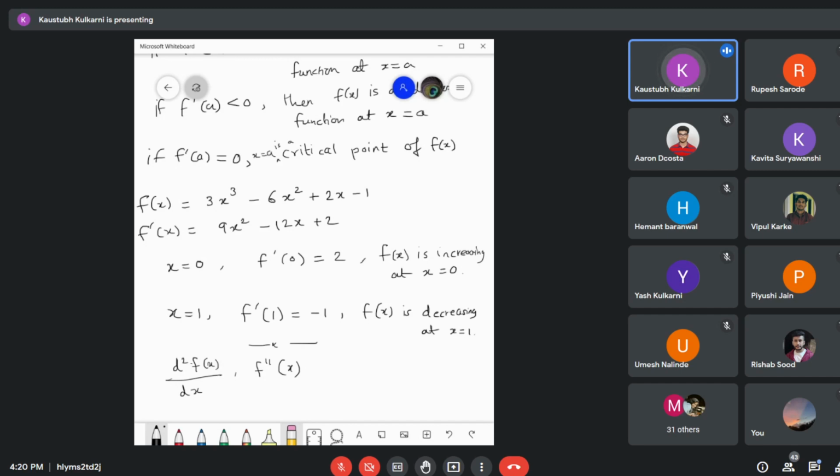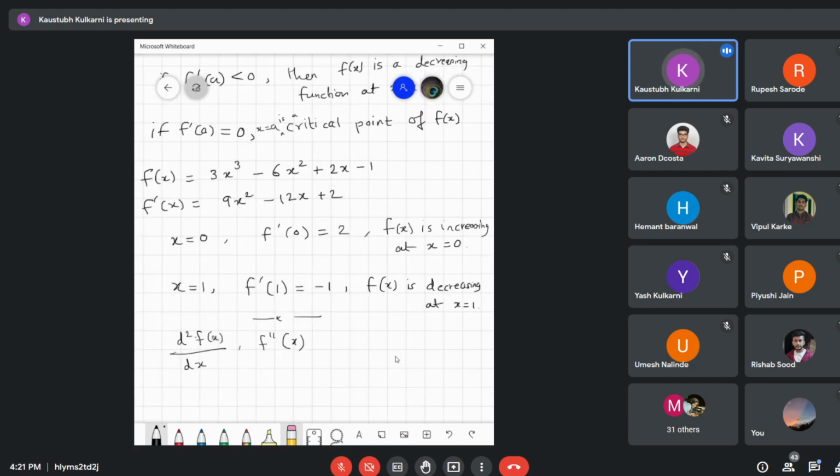So f dash x is like a fresh new function and you are applying the derivative to it. The second derivative tells us if the first derivative is increasing or decreasing. If the second derivative is positive, then the first derivative is increasing.